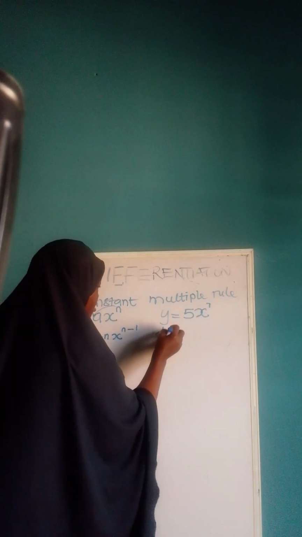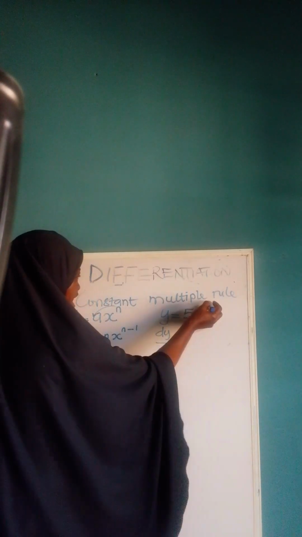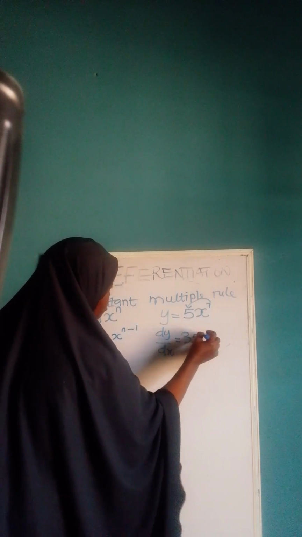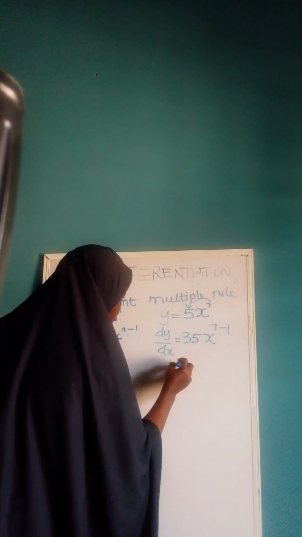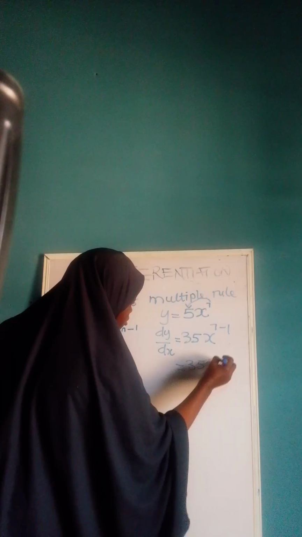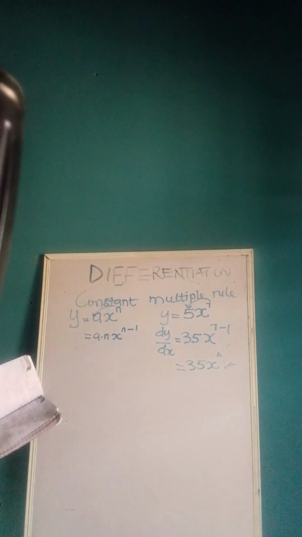So dy over dx will now equal, I will multiply this 7 by 5. It's going to give me 35, and I will reduce the power by 1. So 7 minus 1. So it's going to be 35x raised to power 6. And that is this.